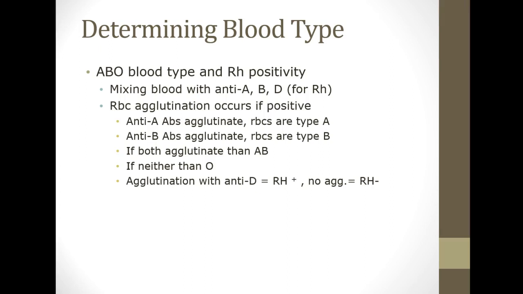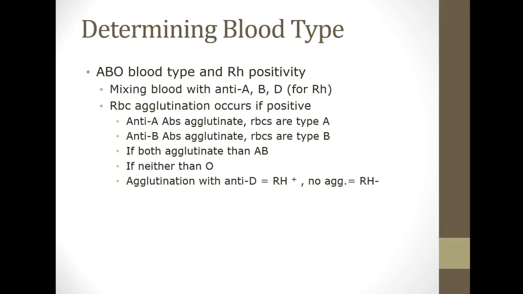So we give moms an anti-D antibody shot to make sure that they don't produce it and cause this to happen. So if you are Rh negative as a mom, you get this RhoGAM shot while you're pregnant and right before you have the baby as well. And even after, to make sure that you don't develop those antibodies and harm a future baby.